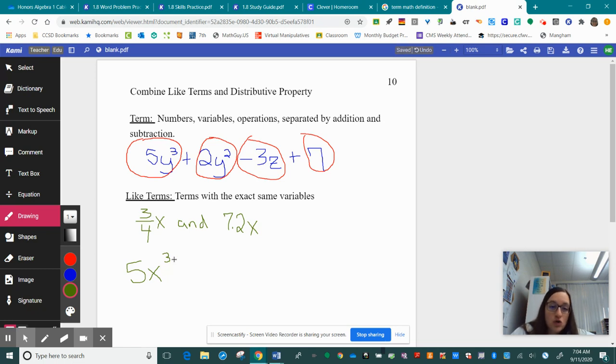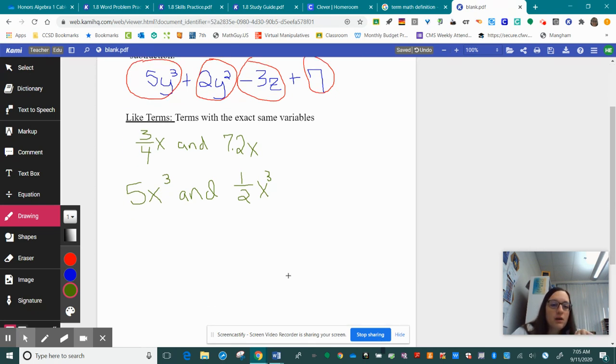So 5x cubed can be a like term to, let's throw in another fraction here, 1/2 x cubed. Oh, look, those are like terms. So be careful with the exponents. Make sure the exponents are also the same.